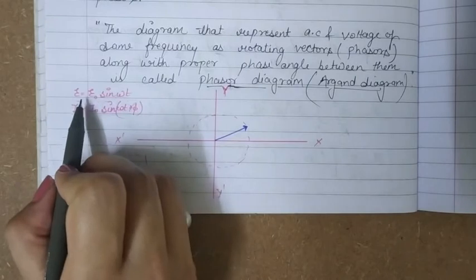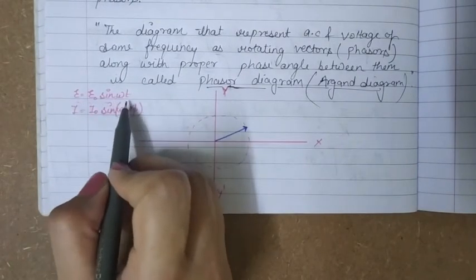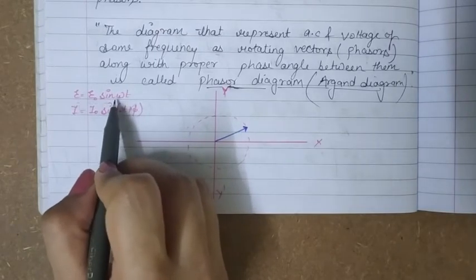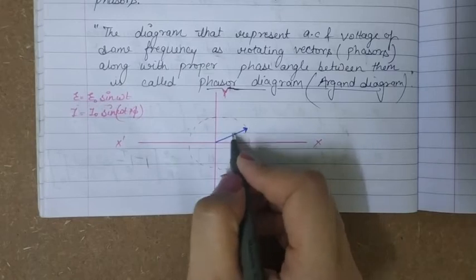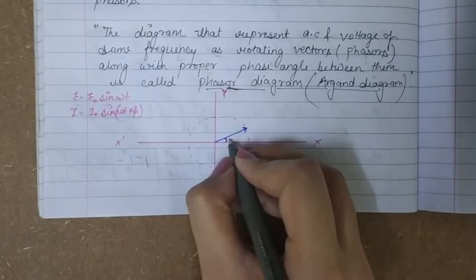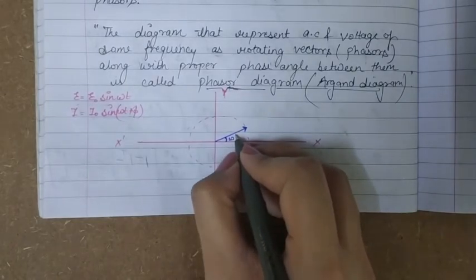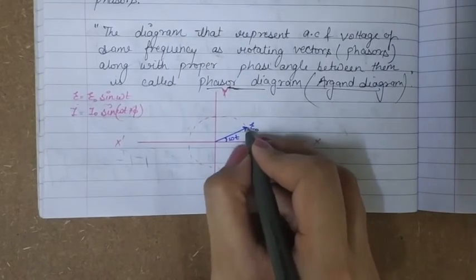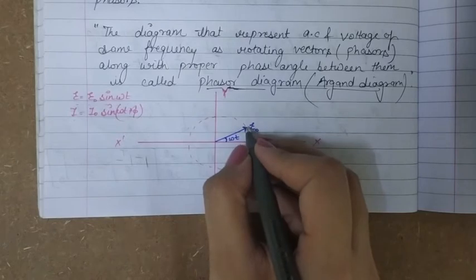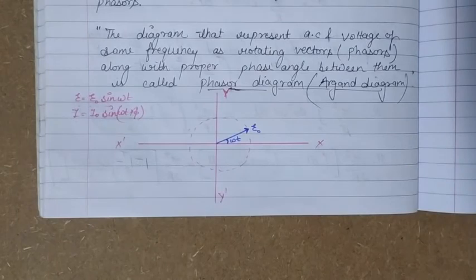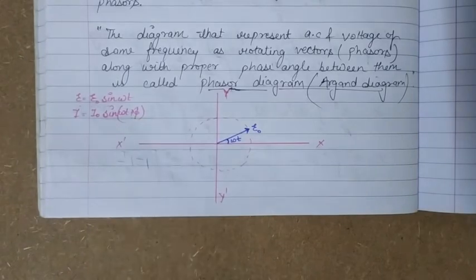When we are talking about epsilon, it has the angle omega t, where omega is the angular frequency of the quantity and the angular velocity of this rotating vector. So the angular displacement will be omega t. This is for EMF, and its peak value is epsilon naught, the maximum value of this vector. Now if we plot this for current, current is leading it by angle phi.